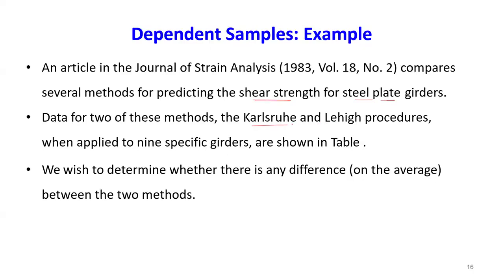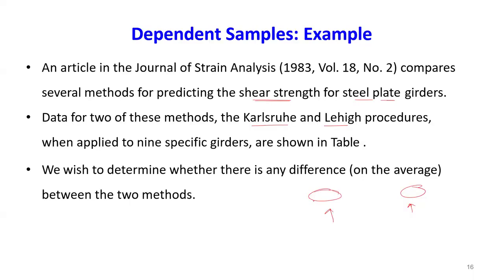I'll call them the K procedure and the L procedure. It's difficult to pronounce; it's Karlsruhe and Lehigh procedures. These are the two procedures they are using to measure the strength. Now here they can't use two different samples and consider these two different procedures, right? It does not make sense.